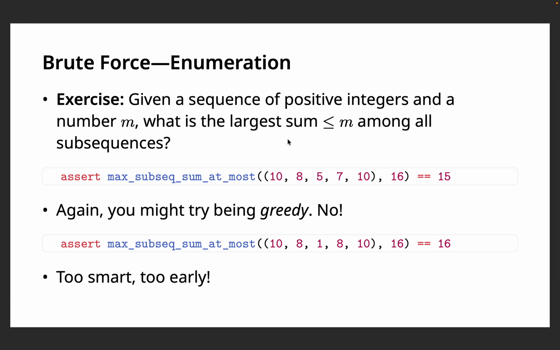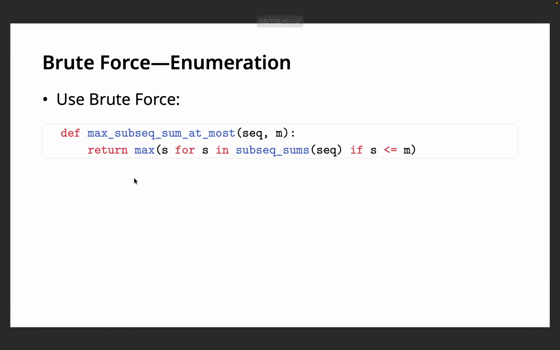So we just want the largest sum among all of those sums that are less than or equal to m. So that's what this line over here does. For each subsequence sum in this sequence, if that sum is less than or equal to m, we just get the maximum out of all of them. So in one line over here, we've already solved the problem using brute force.